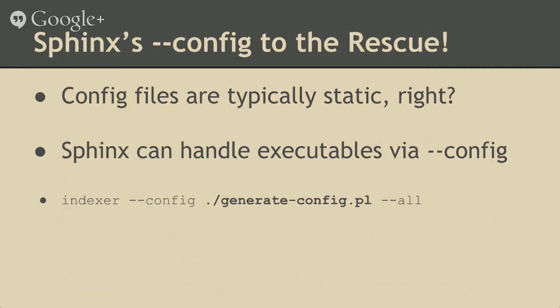So I basically just have a Perl script that emits a configuration file, and it can change every time. I don't maintain a static configuration file. I've got all these variables that are changing, so each time I re-index, it pulls in whatever the proper configuration should be.